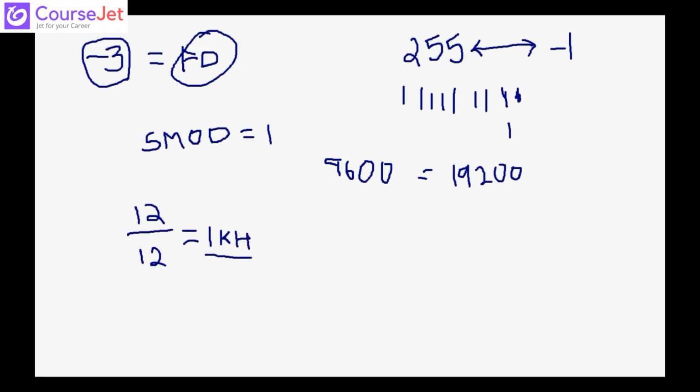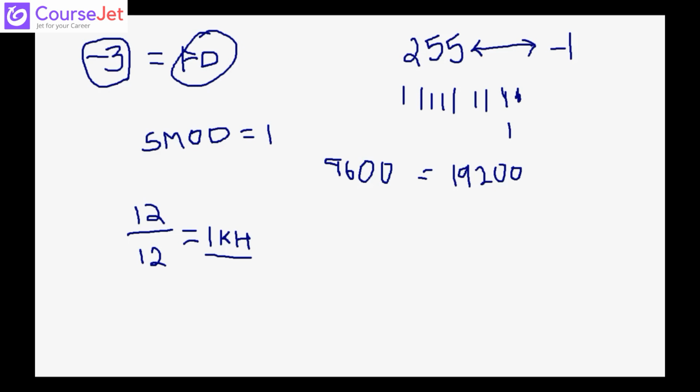It will again be divided by 32 for serial communication. We are doing this operation only, right?